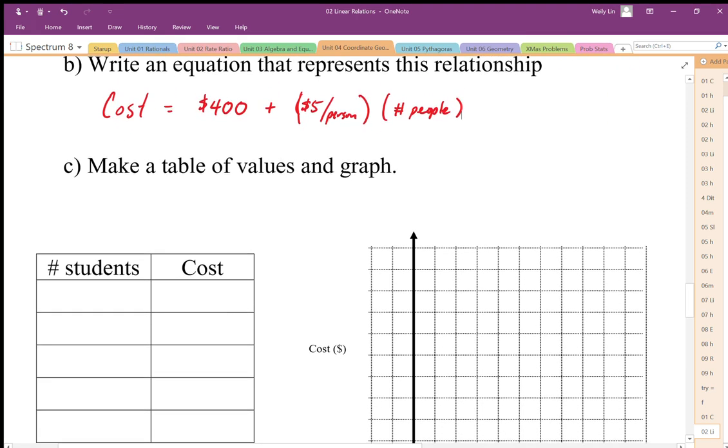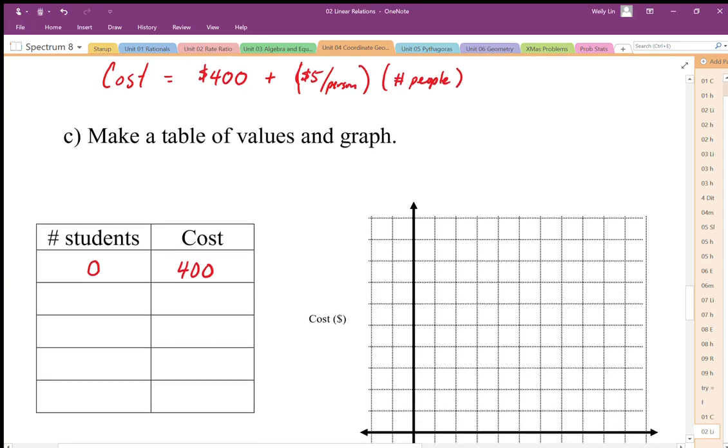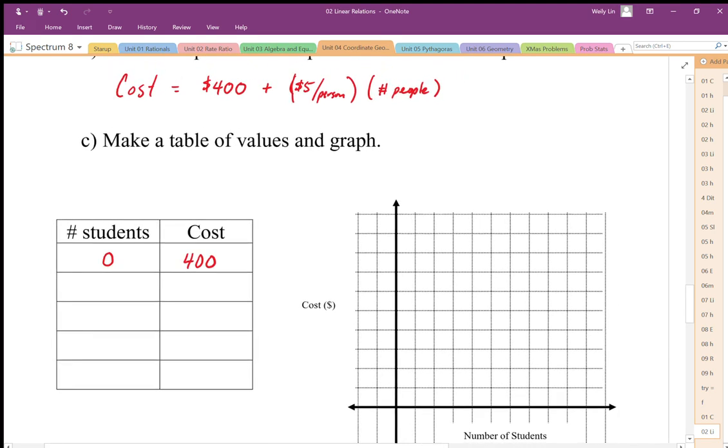Let's plug in these values. So I always want to put in 0, 400. The starting point should always be a point on my table. I'm going to go up $5 per person. So how many people are we going to expect? So I really shouldn't go up by just like one person. Because there's probably going to be, let's say 100 people at this dance.